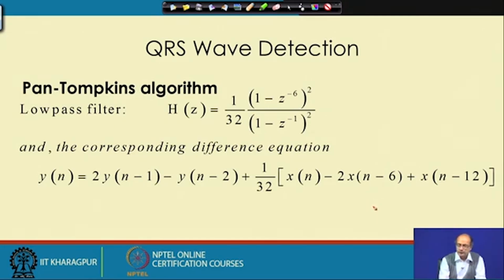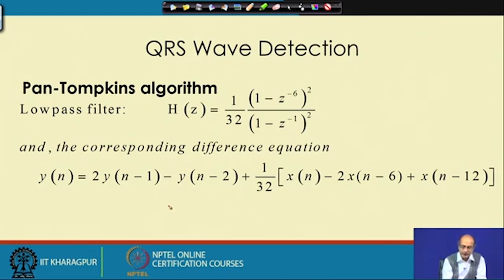We have said that we are looking for a real time algorithm, and for that purpose what have they taken? They have taken an IIR filter, using both poles and zeros.